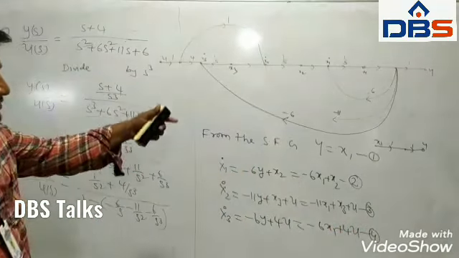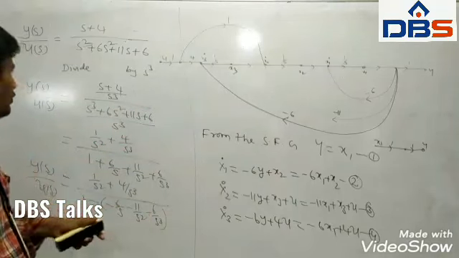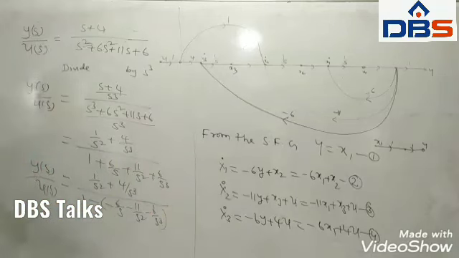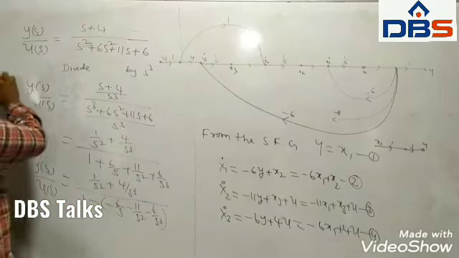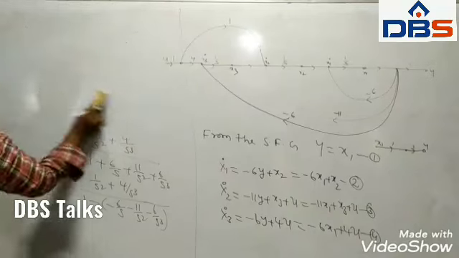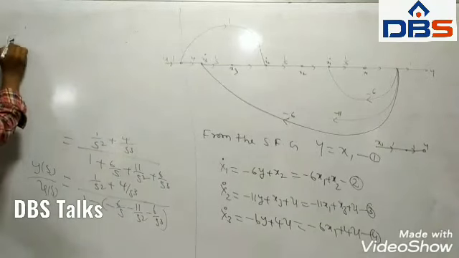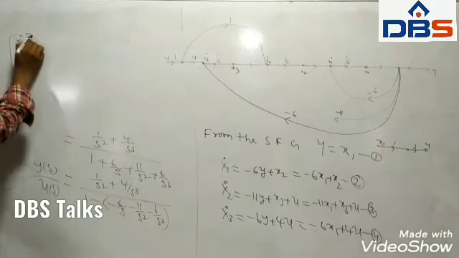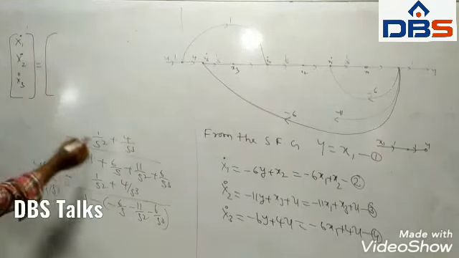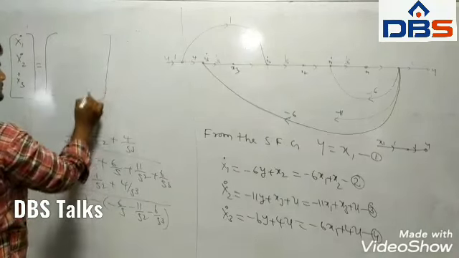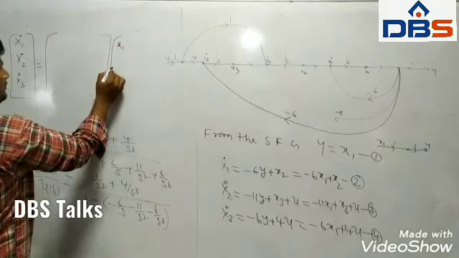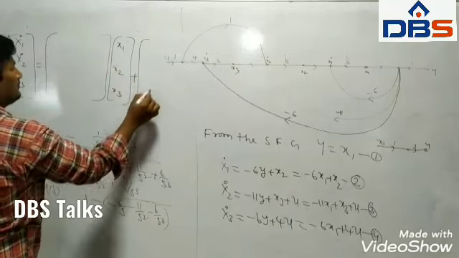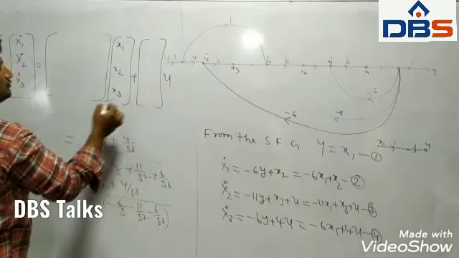Now from equations 2, 3, 4, we have to write the matrix state model form. So x1 bar, x2 bar, x3 bar equal to, and this one is x1, x2, x3, this is u.